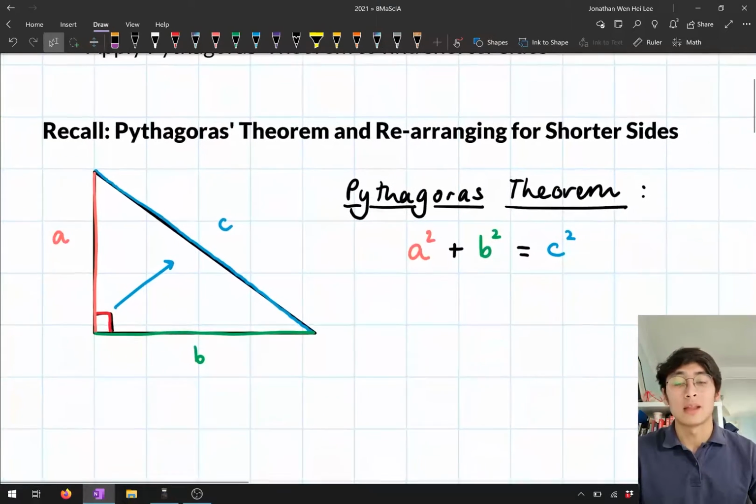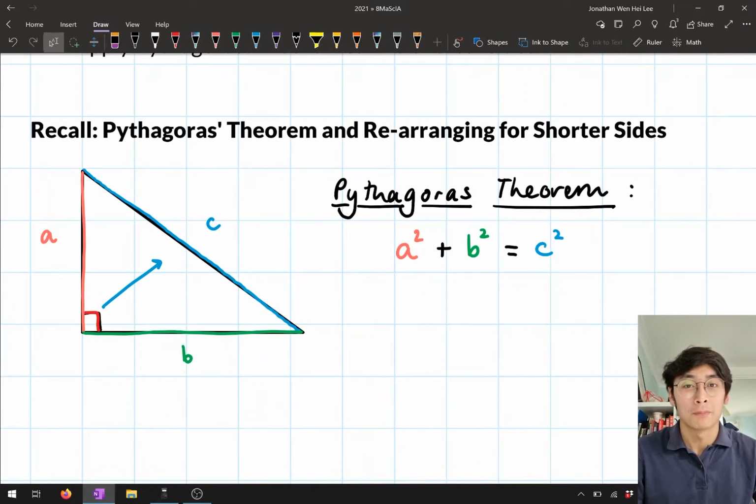Over the last couple of lessons, we've been working with Pythagoras' theorem. Pythagoras' theorem is a relationship between all three sides of a right-angled triangle. The relationship is this one here: a squared plus b squared is equal to c squared. When I square the two shorter sides, a and b, and add them together, it gives me the square of the longer side, the hypotenuse, c squared.